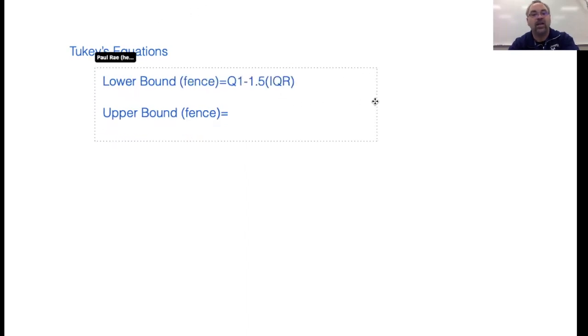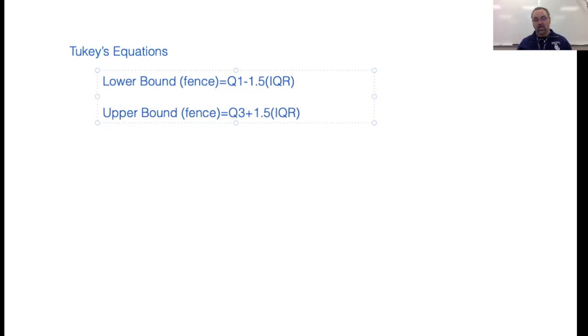So if there's anything below whatever value you get when you do Q1 minus 1.5 times the IQR, that's considered an outlier on the low side. For the upper side, he said, let's take Q3 and add 1.5 times the IQR. And that will be our upper boundary for an outlier. So anything that's bigger than that number is considered an outlier.